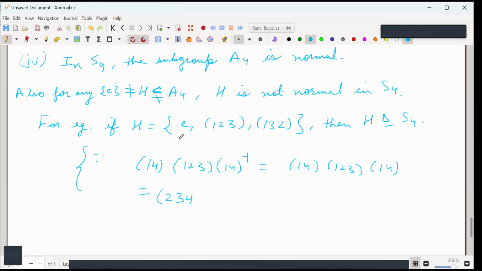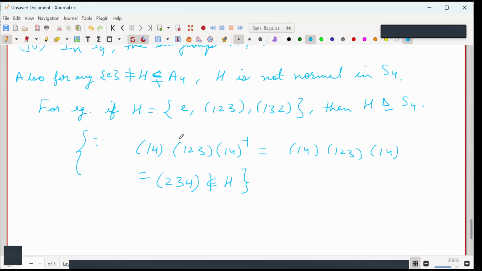So 4 goes to 2. So this is a 3 cycle, which is definitely not inside H. Clear? So this particular conjugate of (1 2 3) is the 3 cycle (2 3 4), which is not inside H.